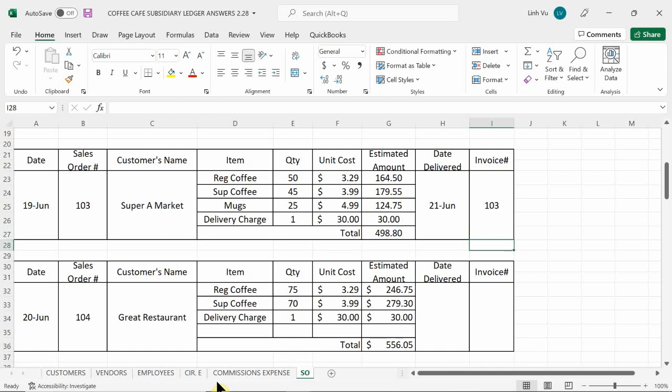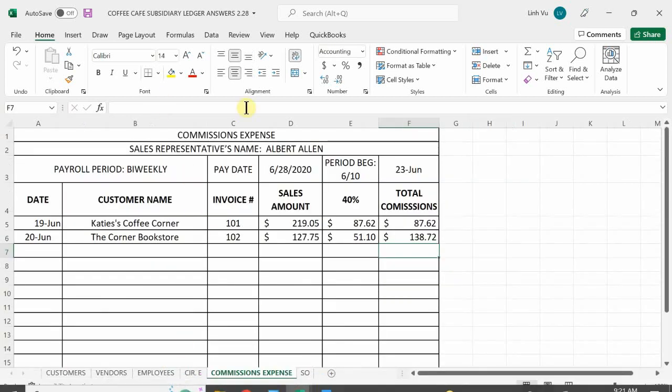And when they sell coffee for us, they get to take a percentage. What do we call that? Commissions. So we hired Albert Allen to be a sales representative for us to receive money, and how he gets paid is based on a 40% commission.